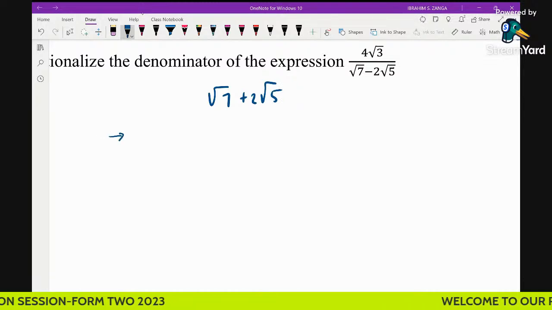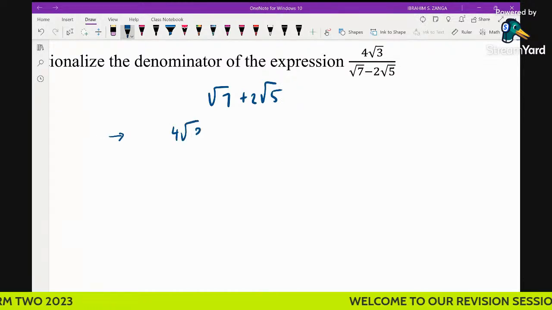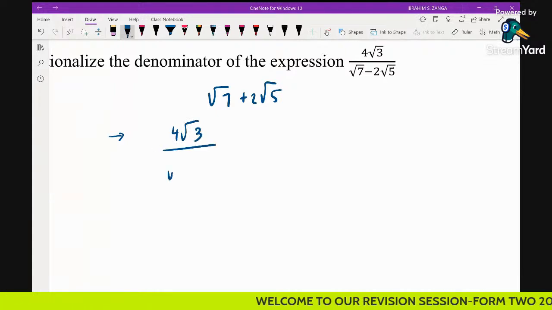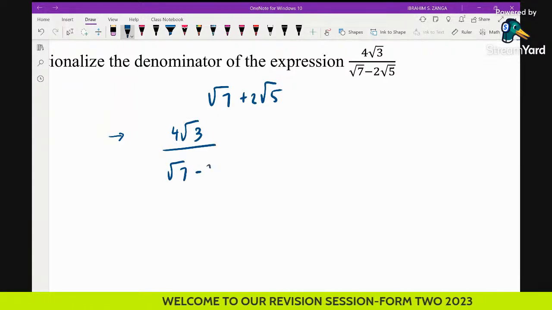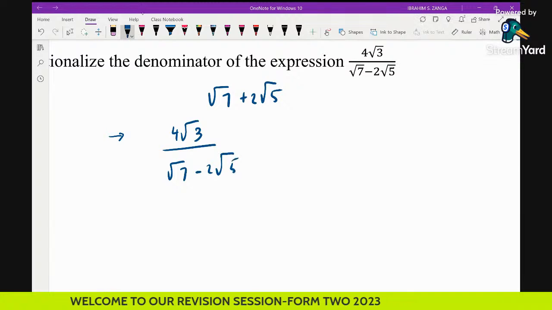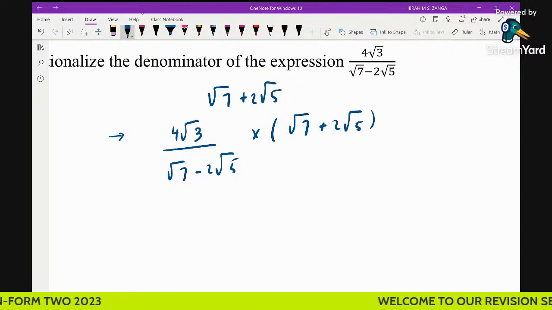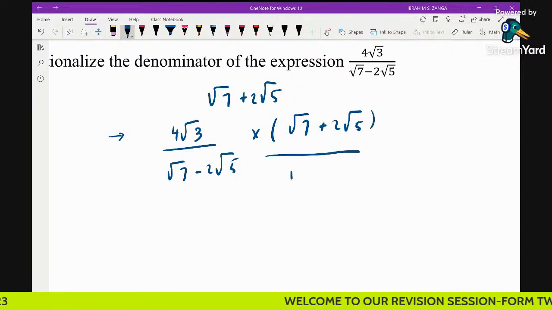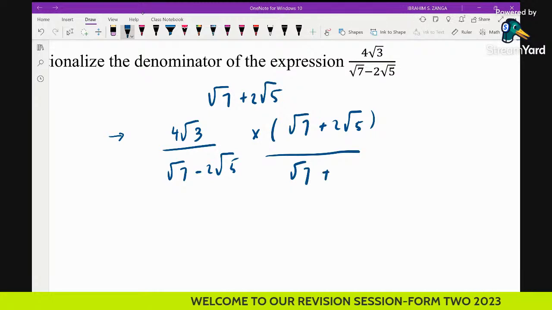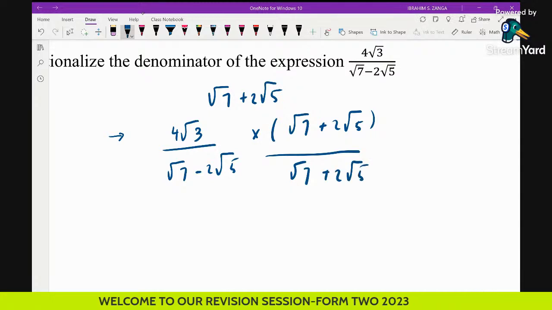So to proceed, now you have 4 root 3 over root 7 minus 2 root 5. We multiply by root 7 plus 2 root 5 divided by root 7 plus 2 root 5.